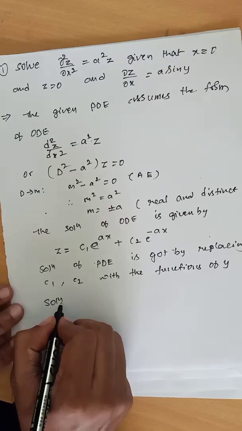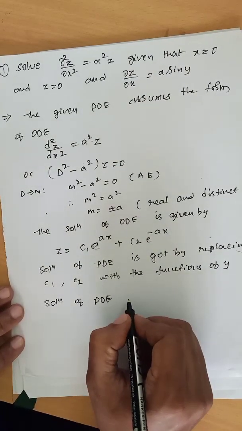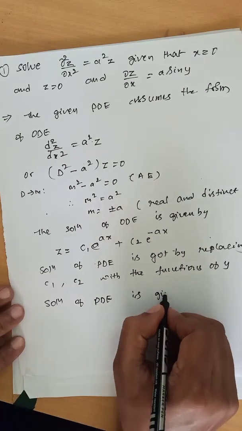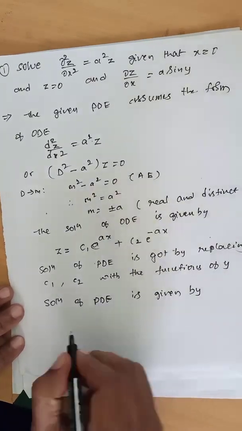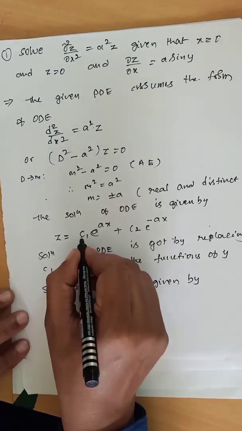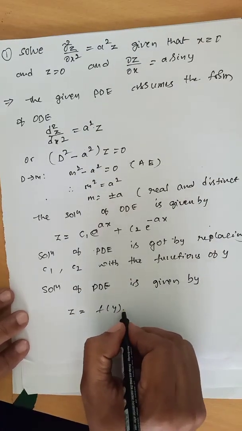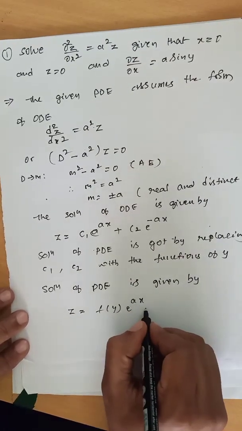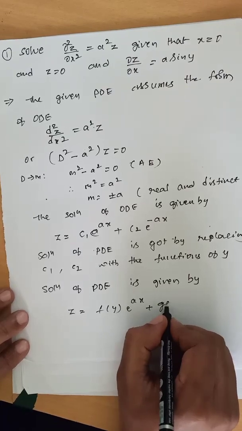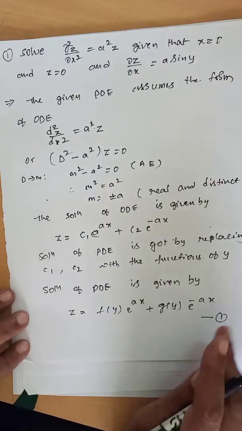The solution of the PDE is given by z = f(y) e^(ax) + g(y) e^(−ax). Call this equation number 1.